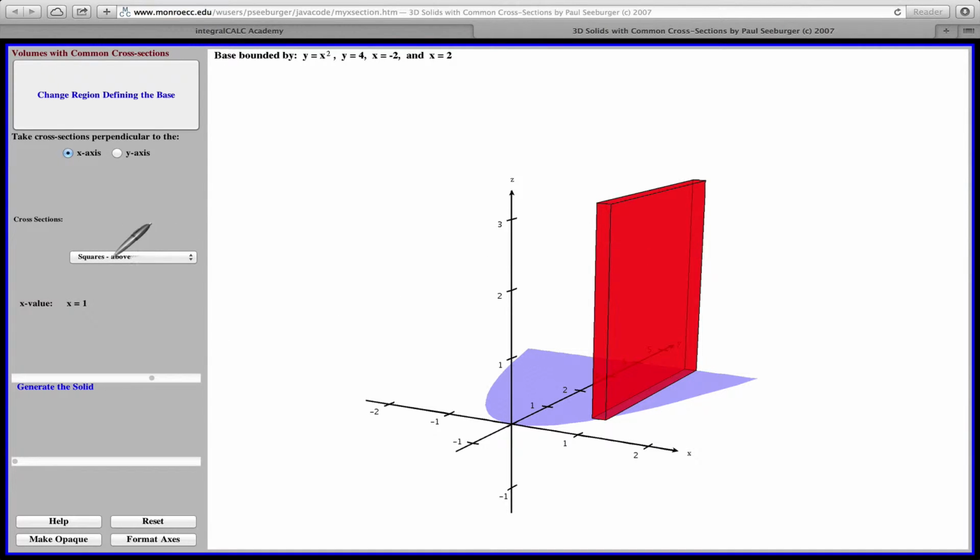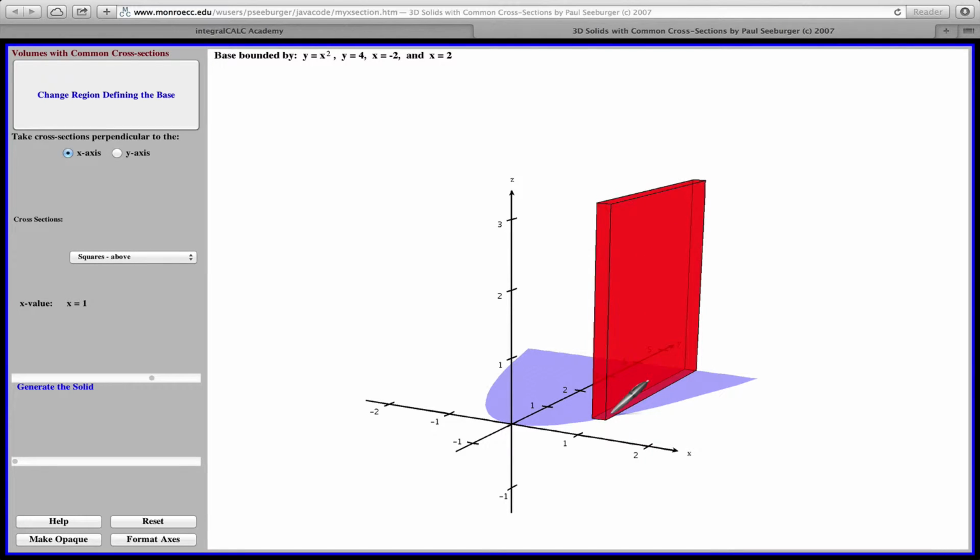And you notice that I have it set to squares. So this represents one representative square prism out of an infinite number of these squares. So what we want to do is find the volume of this one rectangular prism.